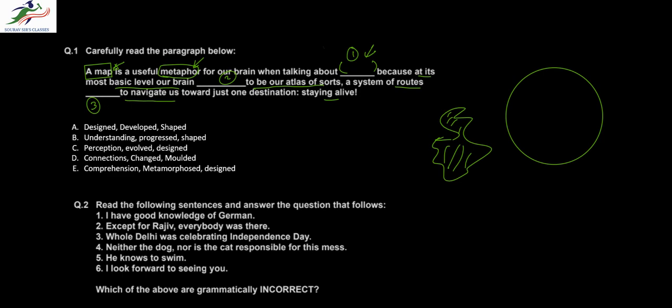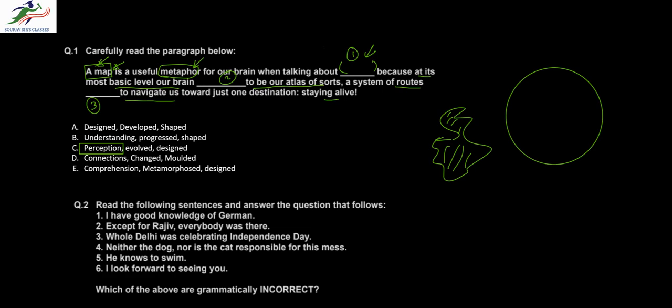So when we look at a map, we understand the contour or the area of a place, right? So map gives us some kind of a perception. So we understand that, okay, this place looks like this. Similarly, in our brain, we have perception. So you see the word perception in option C, right? This is compared to the map.